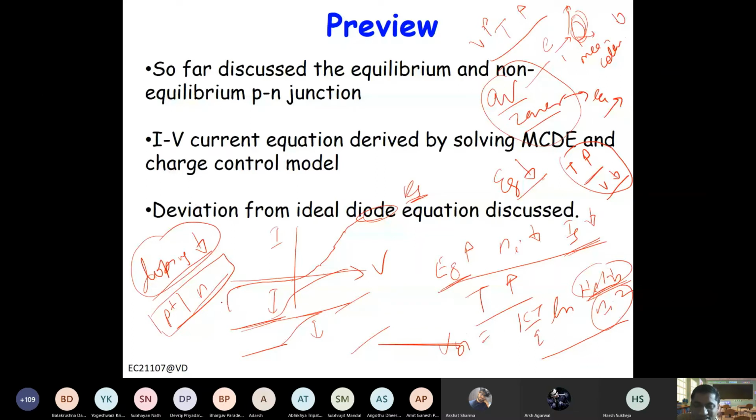It depends on the N doping, the smaller doped side. It's inversely proportional, 1 by ND. So if you increase this doping, what will happen to the breakdown voltage? It will reduce. So if you want high breakdown voltage, you will have to reduce the doping.